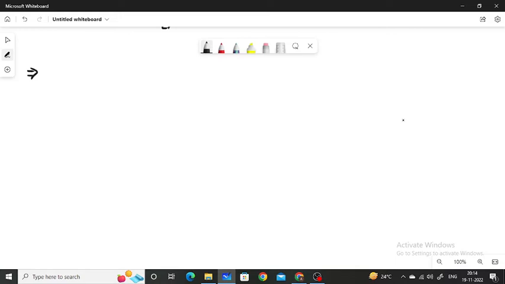If both the ends are fixed, the buckling load will be equal to 4 pi square EI upon L square. And if one end is fixed and other end is free, the buckling load will be equal to pi square EI upon 4L square. And for the column whose one end is fixed and other end is pin jointed, the buckling load will be equal to 2 pi square EI upon L square, as we already discussed in previous lectures.